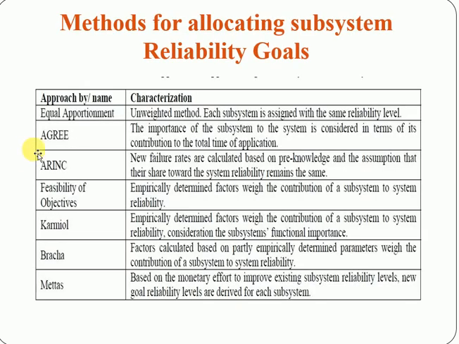These are the methods which are used for allocating subsystem reliability goals. There are two types, unweighted and weighted. In the unweighted method, the equal apportionment method allocates subsystem reliability targets, assuming equal failure rates for each subsystem, leading to a given system reliability level. It is the most simple of all allocation methods.